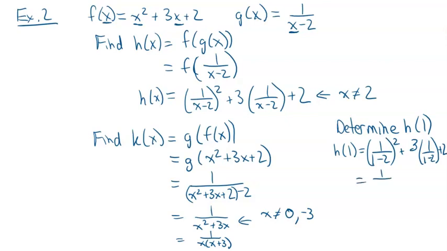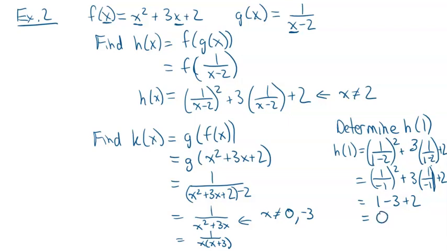That would give you 1 over negative 1 squared, which is just 1. Plus 3 times 1 over negative 1 plus 2. So negative 1 squared gives me 1. 3 times negative 1 gives me negative 3, and then positive 2. And so that would give me 1 minus 3 is negative 2, plus 2 is 0.